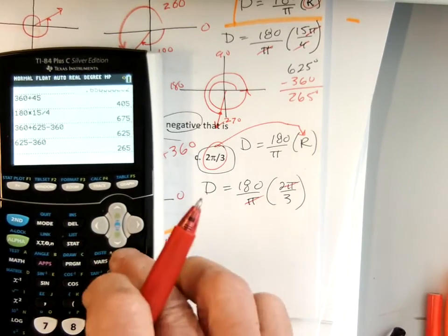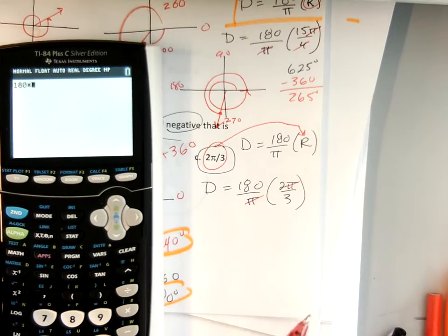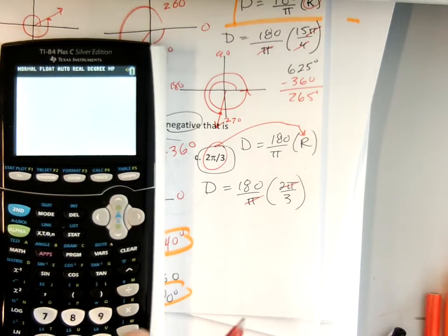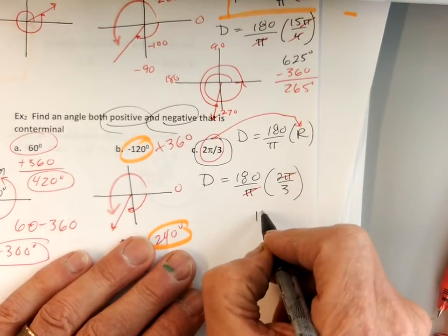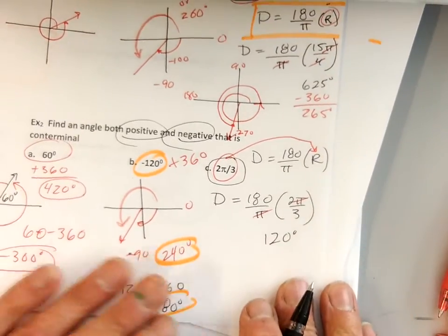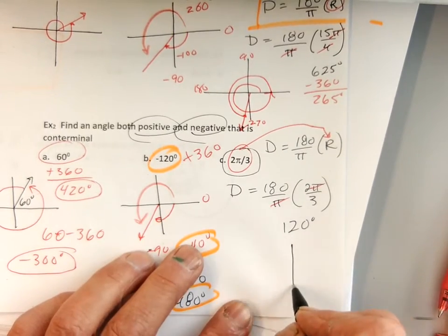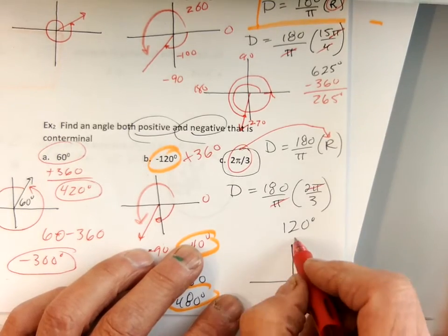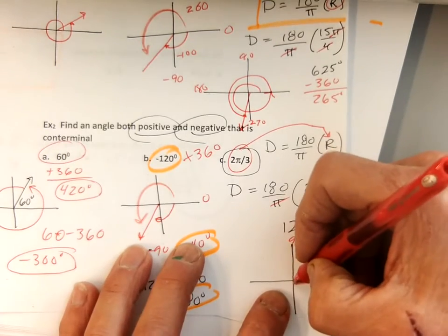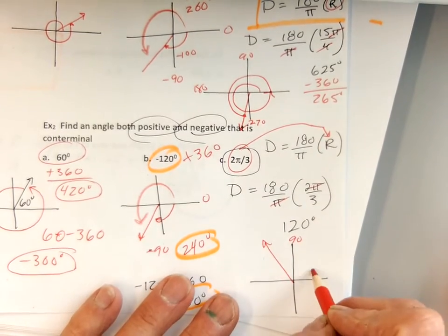I'm just going to go 180 times 2 divided by 3, and I get about 120 degrees. So there's 90, right? 90 is there. So 120 might be about there. You guys okay with that? 120 is right about there.